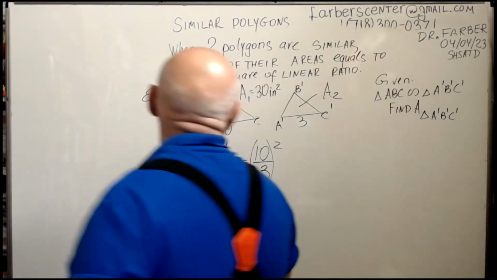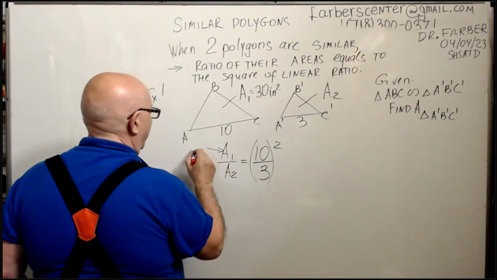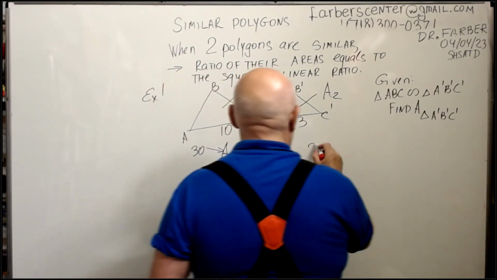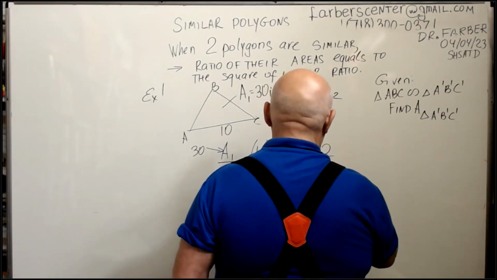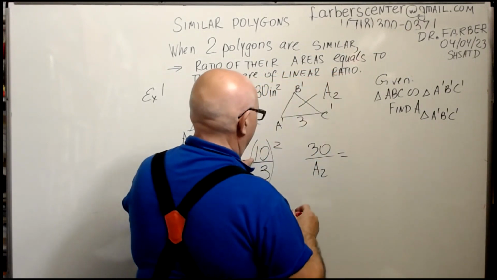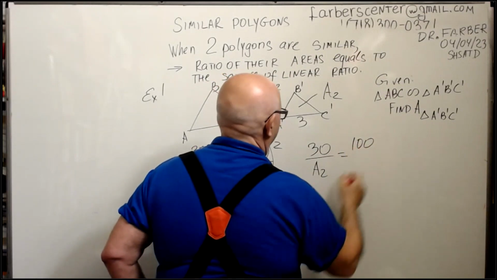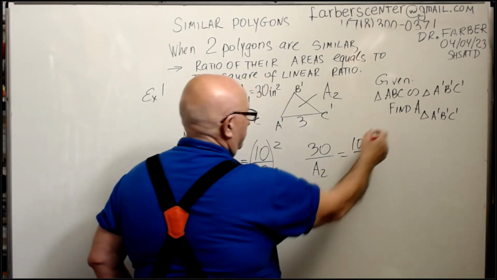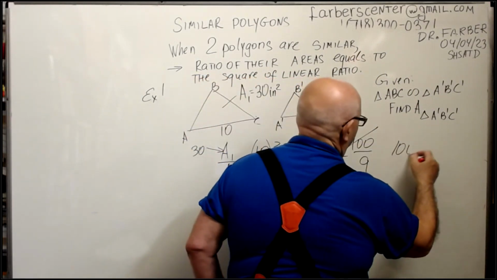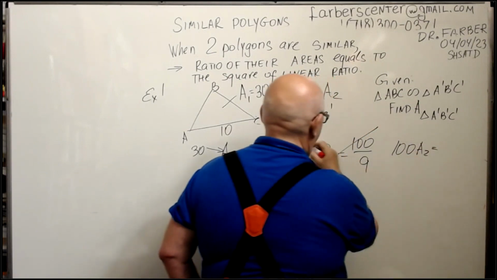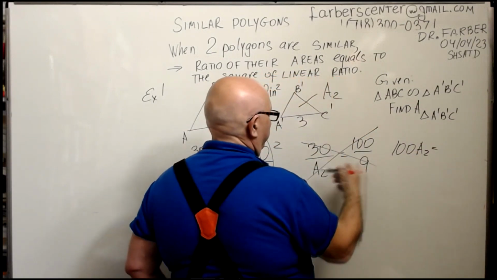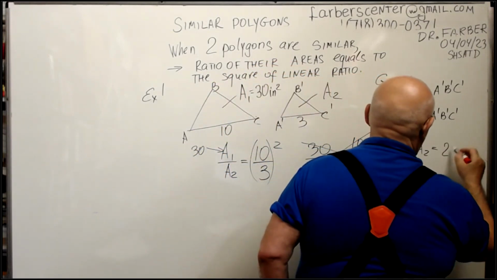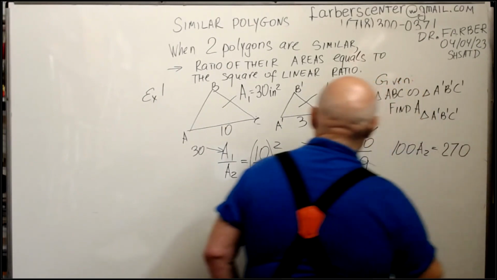Since area 1 equals 30, I can write 30 over A2 equals 10 to the second is 100, over 3 to the second is 9. Cross multiply: 100 A2 equals 270. Thirty times 9.